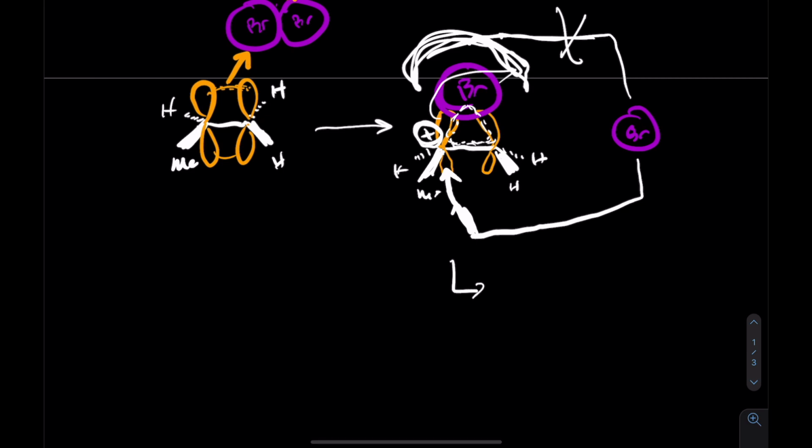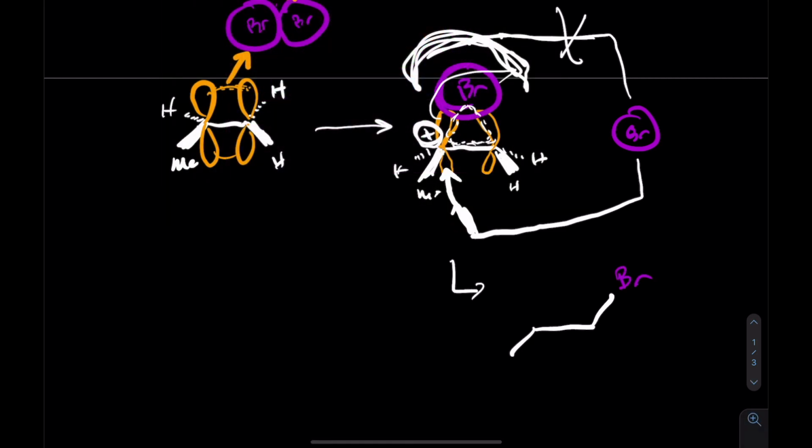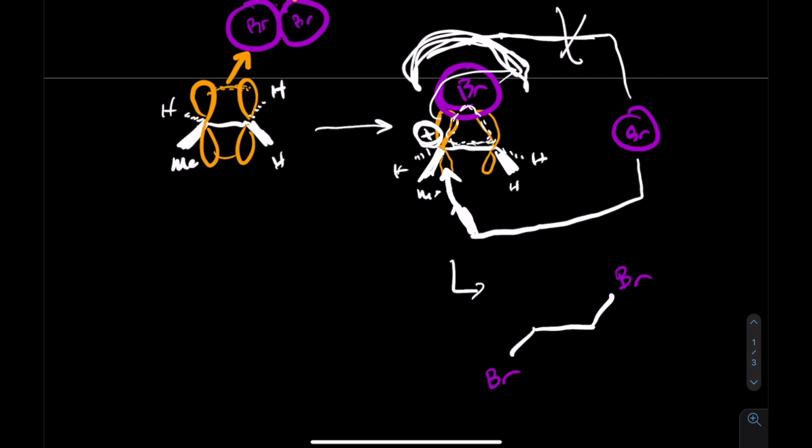And what you're going to end up with then is a bromide on both sides here, and a bromide down here. And then this methyl group and that hydrogen are both going to go up because that bromide is going to push them up. Of course, the methyl is still going to be facing you, and that hydrogen is still going to come out.